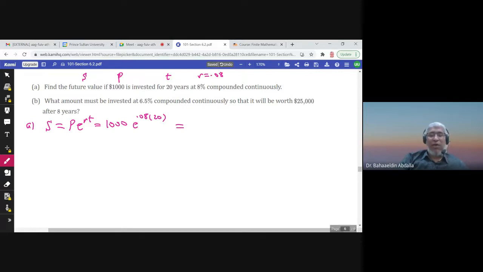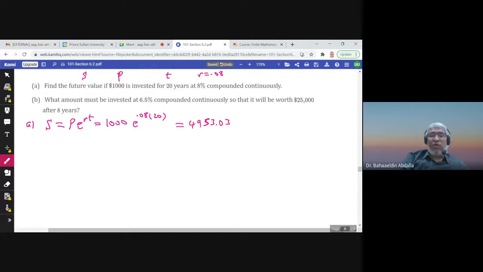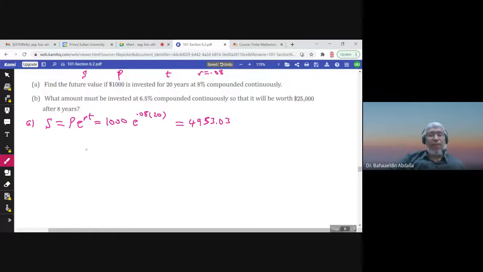E is there in the calculator. It is above the ln. So the answer is 4953.03 dollars. So 1000 will be worth 4,953 after 20 years.